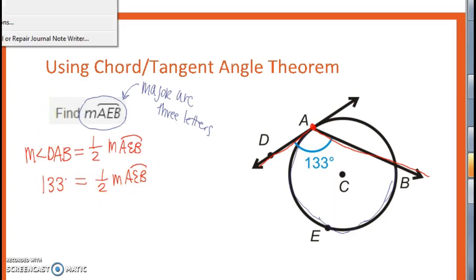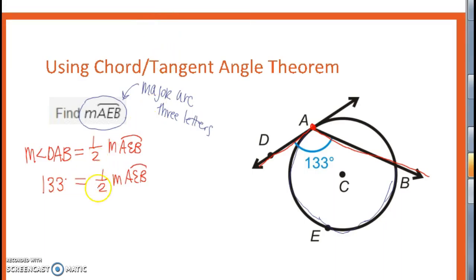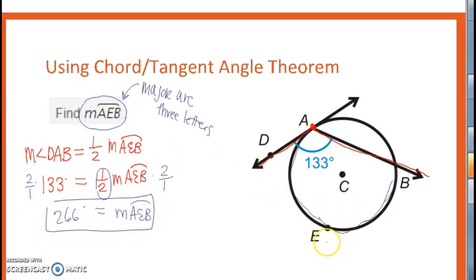And again, remember when solving this, I have to multiply by the reciprocal of 1/2. So that's by 2 over 1 and by 2 over 1. So 133 times 2 over 1 gives us that our arc measures 266 degrees. And that's going to be out here.